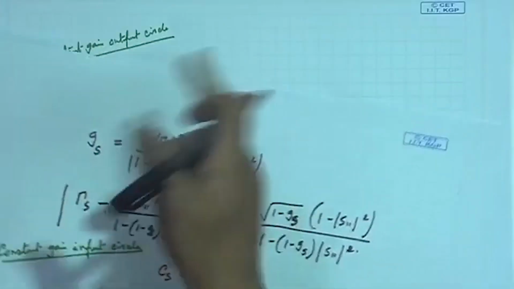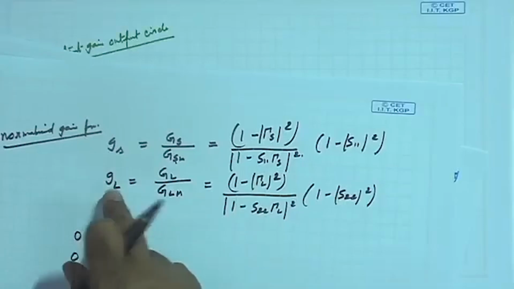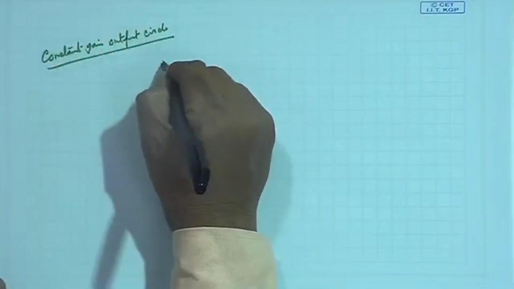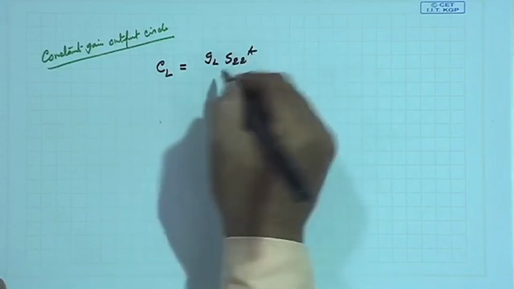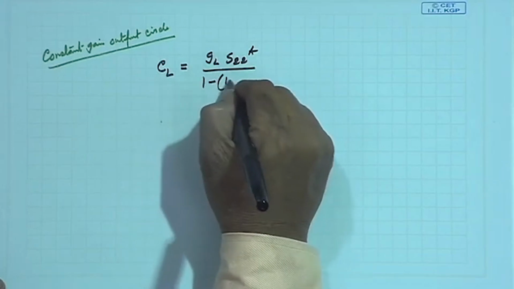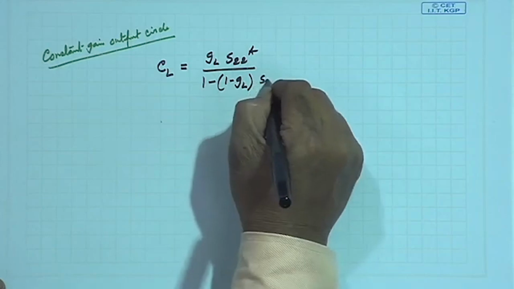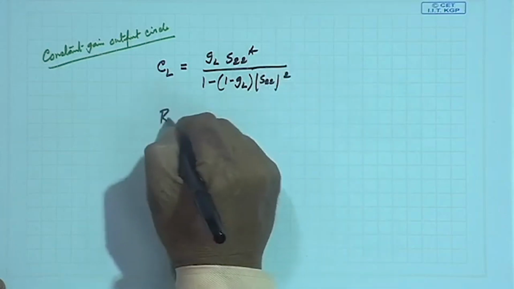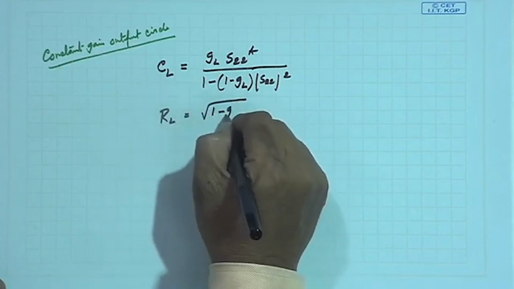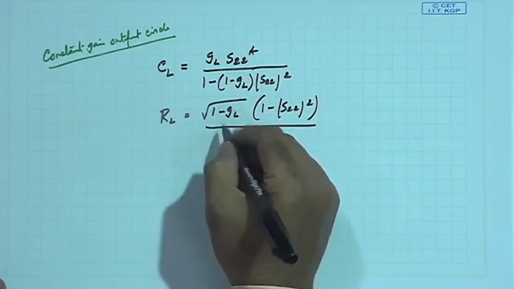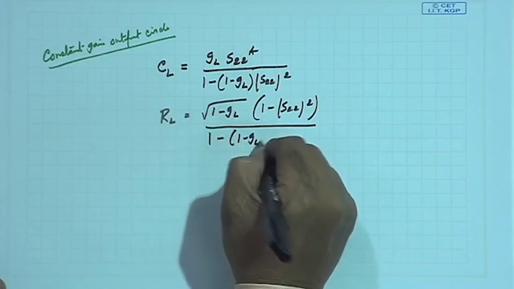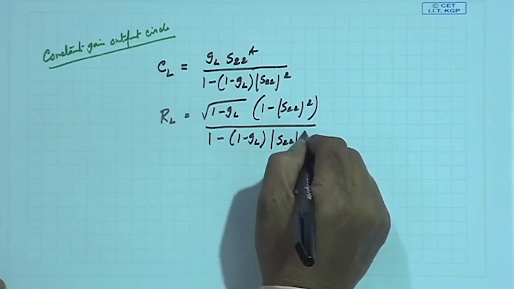So, here we have solved for GS, there from this normalized gain function you solve for gamma L, that locus is again a circle, and there the CL, the center will be GL S22 star by 1 minus GL S22 square, and radius is root over 1 minus GL, 1 minus S22 square divided by 1 minus GL S22 square.